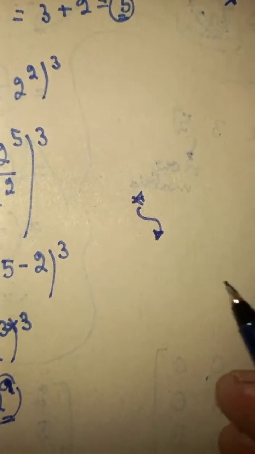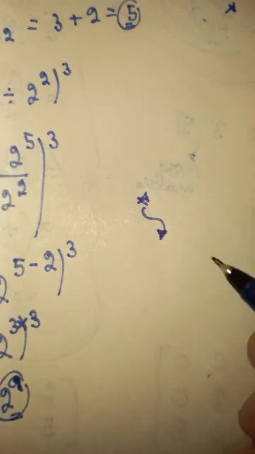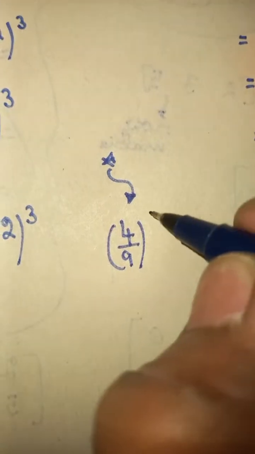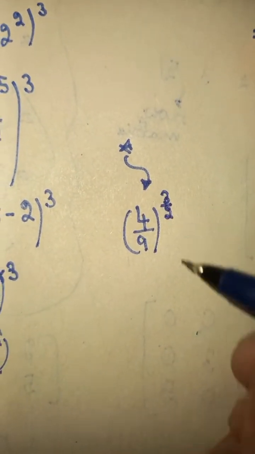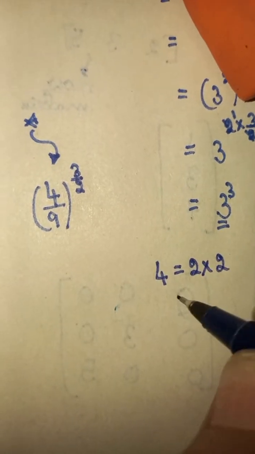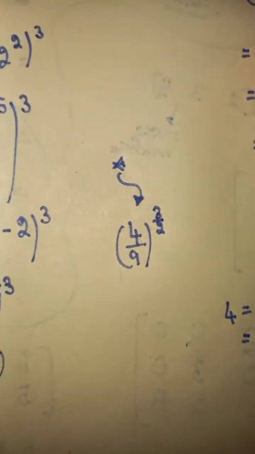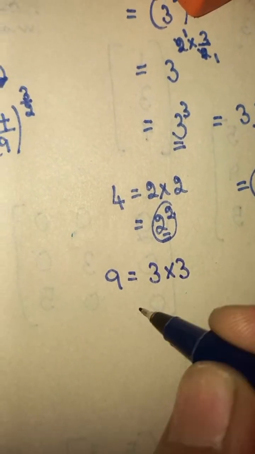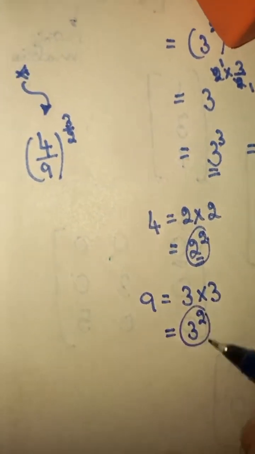This is the final problem, that is 4 by 9 whole power of 3 by 2. Here also you can do it in the same way. 4 can be written as 2 times 2, so it is equal to 2 square, and 9 can be written as 3 times 3, so it is equal to 3 square.